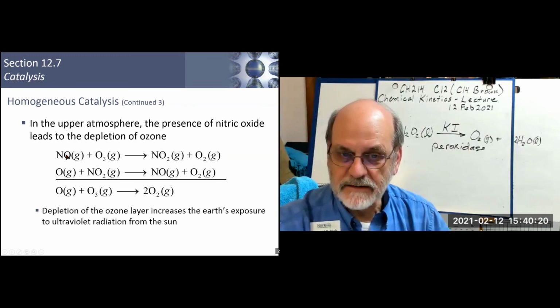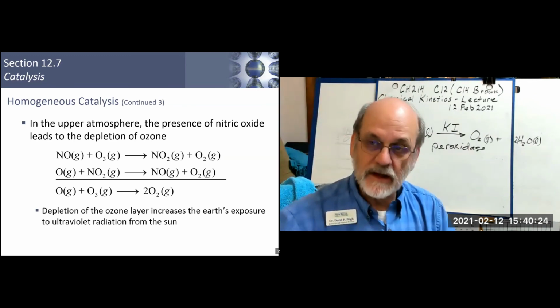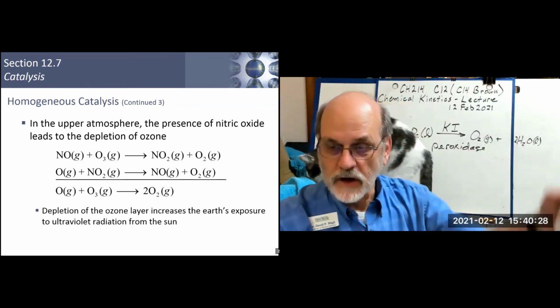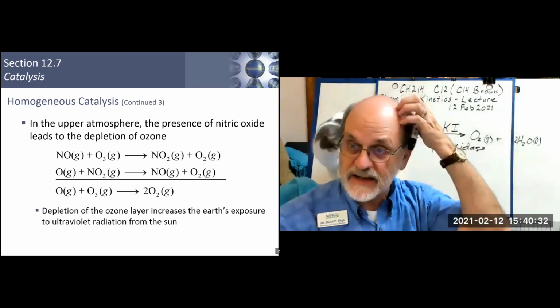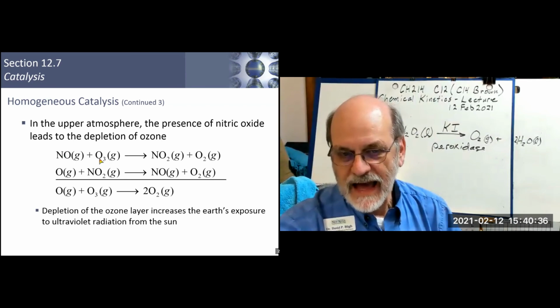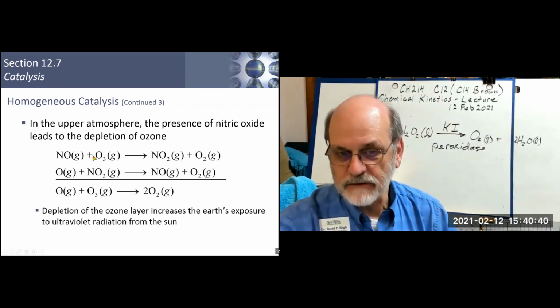Nitrogen monoxide produced at the Earth's surface by human activity drifts into the upper atmosphere, where we have that ozone layer that absorbs ultraviolet light from the sun and protects us from being burned to a crisp. And it decomposes the ozone by this catalytic conversion.